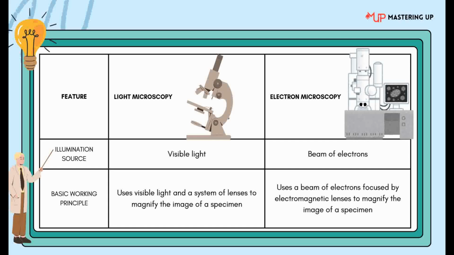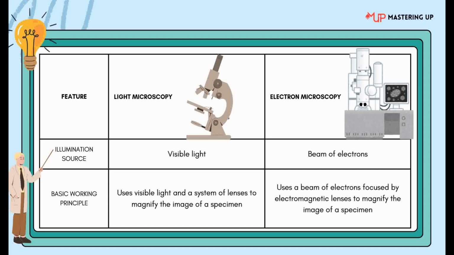Electron microscopy, in contrast, uses a beam of electrons instead of light. Since electrons interact differently with materials than light, this method allows us to see much smaller structures.